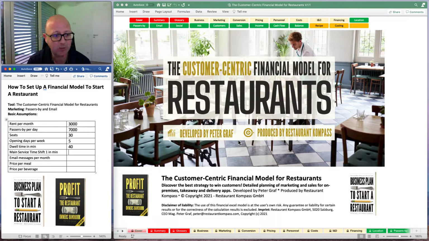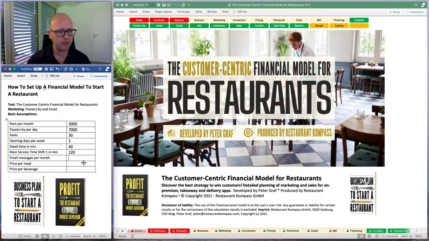But let's start with one shift to keep things as simple as possible for the beginning. So we define the main service time for shift one in minutes. Let's say our main service time is lunchtime, from noon, 12 o'clock, until 2 o'clock. So that's 2 hours, and 2 hours are 120 minutes. So we know our main service time for shift one has a duration of 120 minutes.